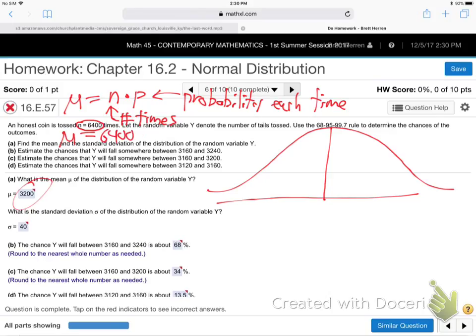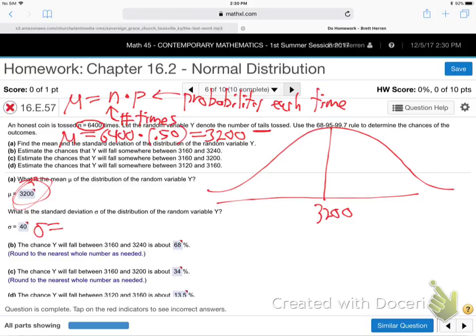Every time you flip a coin, what's the probability of getting heads? Or they're saying tails, whatever. It's the same thing. It's still 50%, isn't it? Y'all with me? 6,400 times the probability of tails, which is 50%. That's half. So it just comes out half of 6,400, 3,200. That's how we got that first answer. Good so far? So that'll be the middle of the probability number of tails curve.